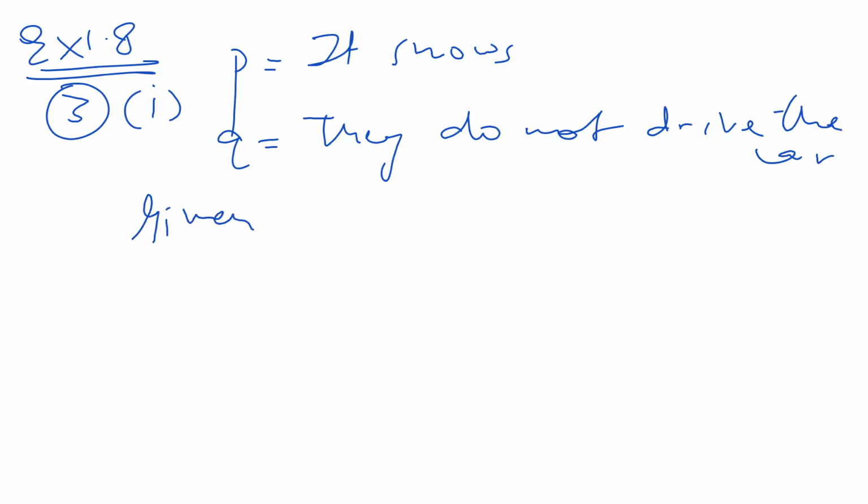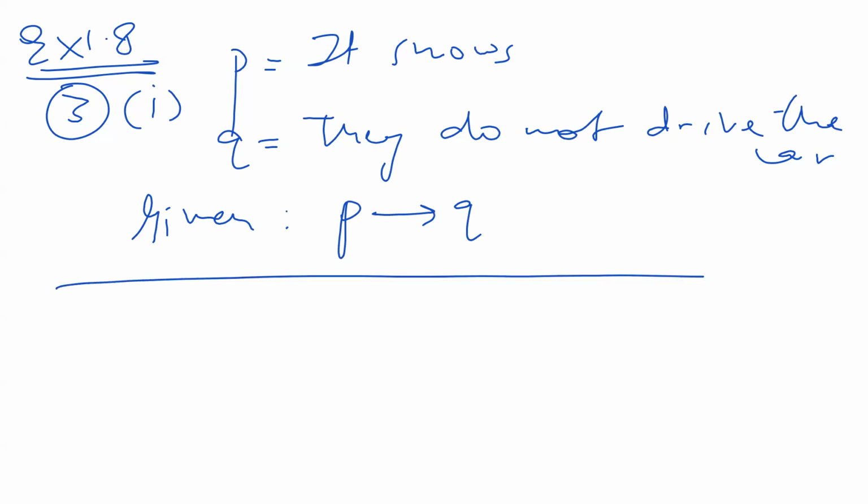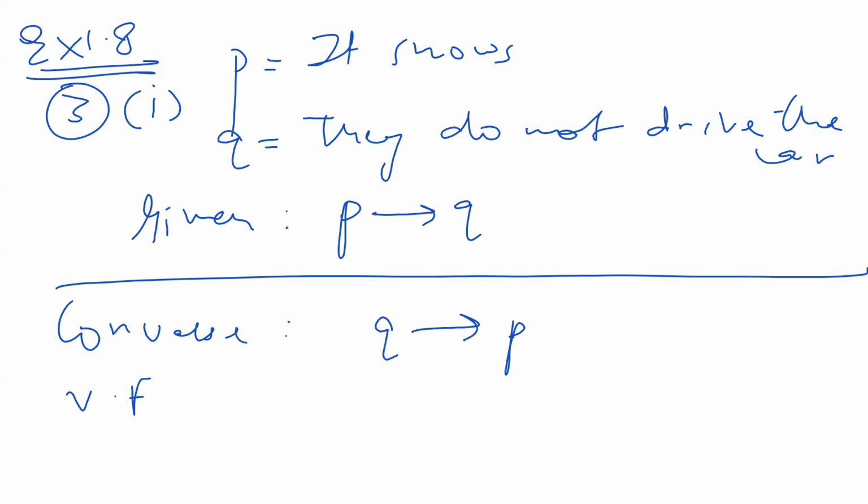Given P implication Q. Now first part, converse. Converse is Q implication P, verbal form. This is the presentation; you have to write the formula as well, not directly the answer. So Rylan, will you tell me the verbal form? They do not drive the car if it snows.